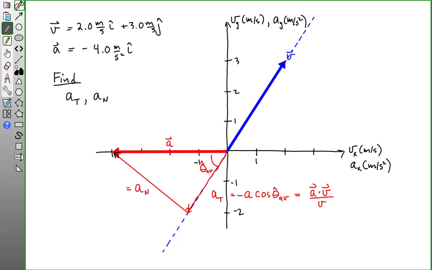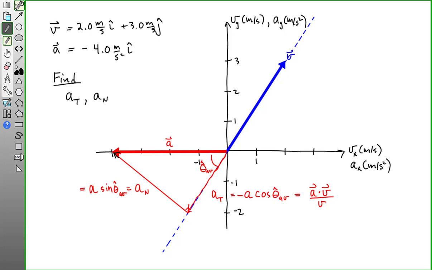From trigonometry, once again, we know that a sub n is equal to the hypotenuse, which is the magnitude of the acceleration, times the sine of the angle between the acceleration and the velocity vector.